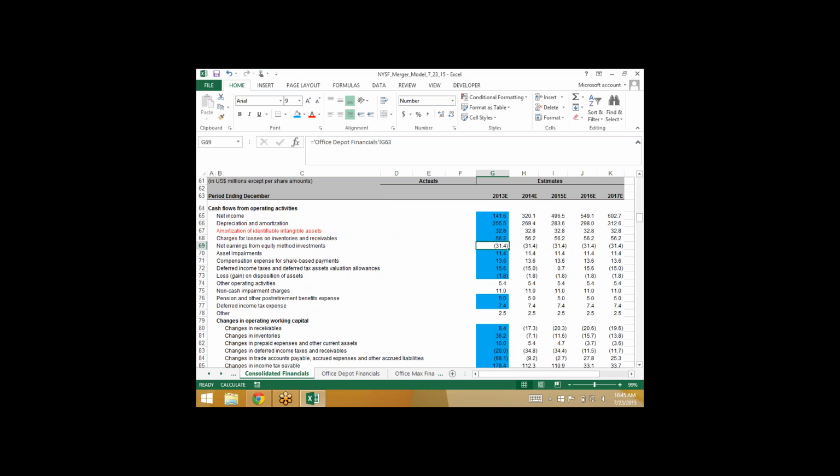Earnings from equity method investments, I'm going to put that into other comprehensive income. If it's related to equity, it's going to go into other comprehensive income. Other operating activities, this is another other category. If it's related to operations, it would either be an asset or a liability. I don't know if this is related to an asset or liability.